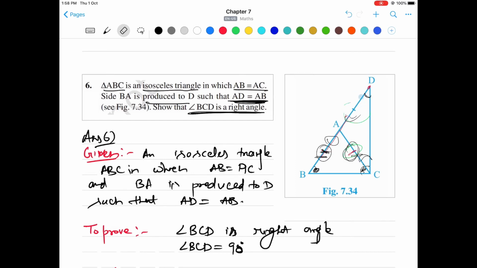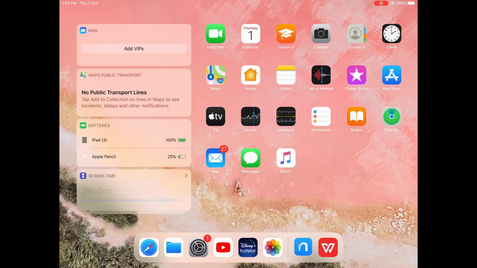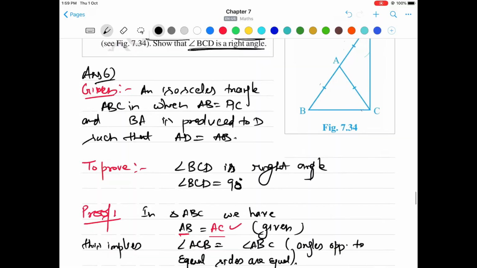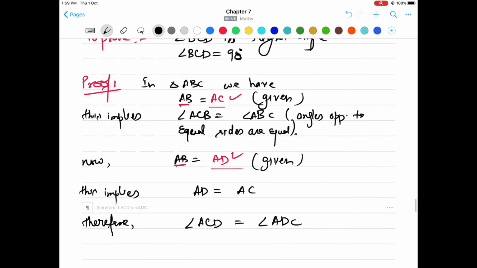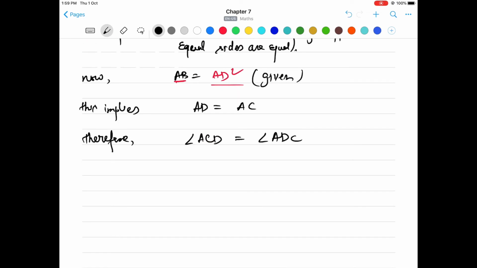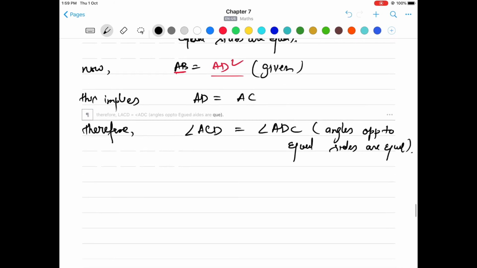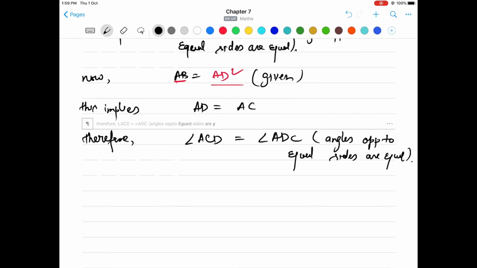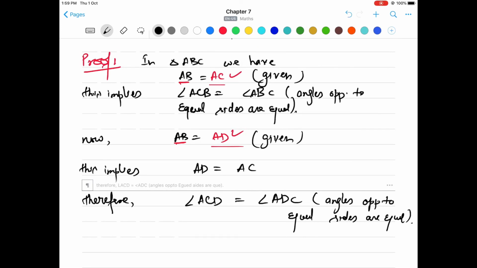The reason for this one is angles opposite to the equal sides are equal. So we got angle ACD is equal to angle ADC.